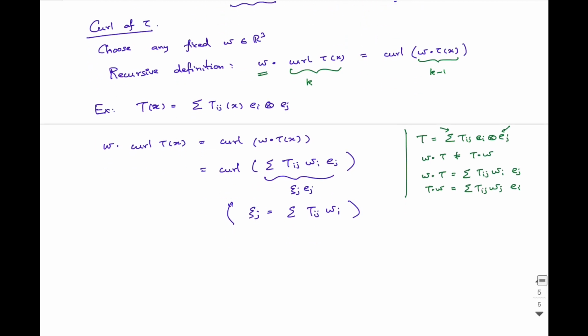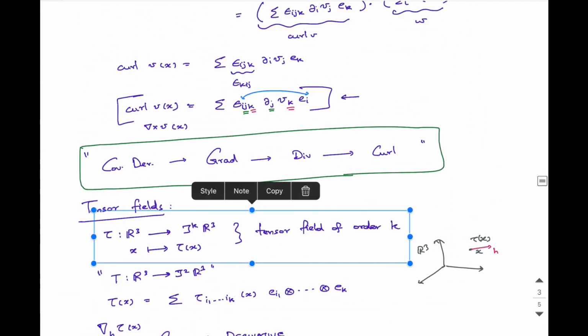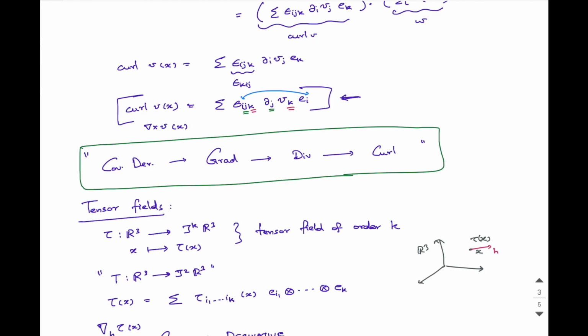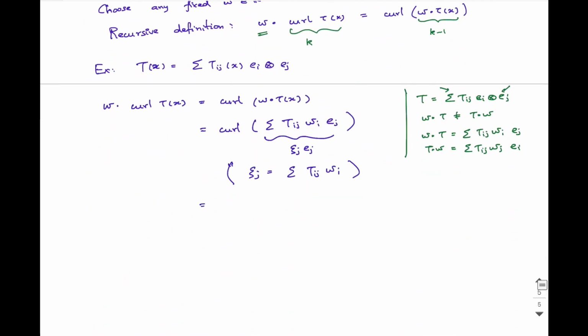Now we know the expression for the curl of a vector field, because we computed that earlier. So we'll use that expression exactly to write this down. This is going to be summation of epsilon_ijk partial_j xi_k e_i.